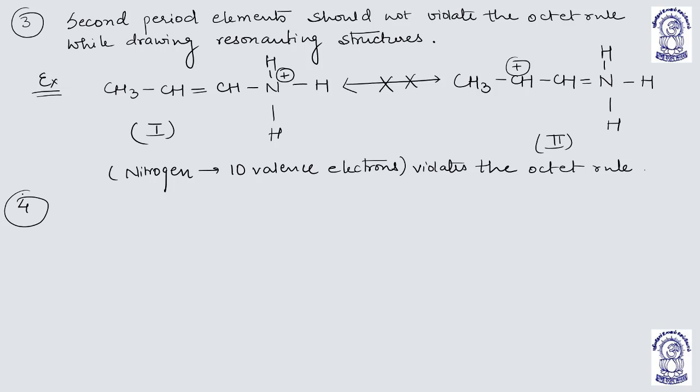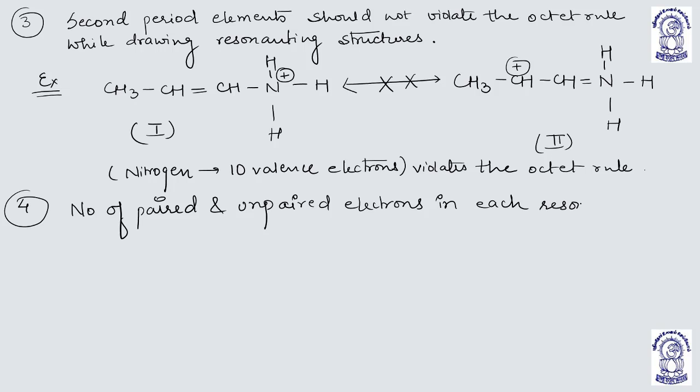Then each resonating structure must have the same number of unpaired and paired electrons. The number of paired and unpaired electrons in each resonating structure remains the same.